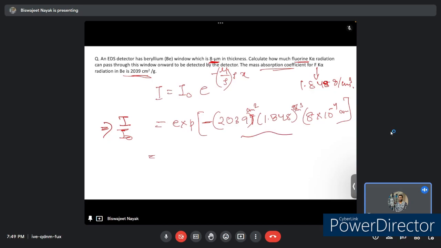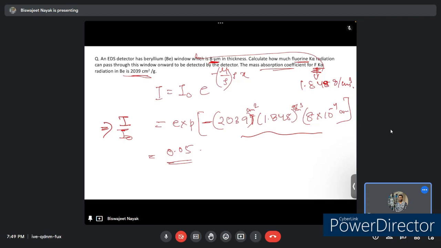and we'll calculate this. It comes to 0.05. So from this we can say only 5% of the fluorine K alpha radiation will pass through this beryllium window, which is very less, so we have to think of an alternative.